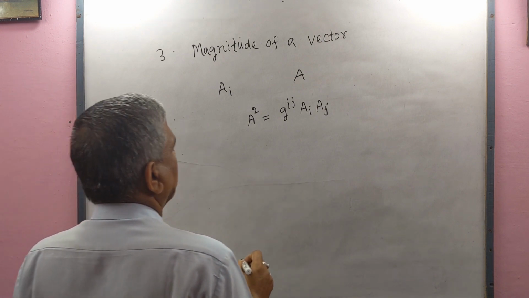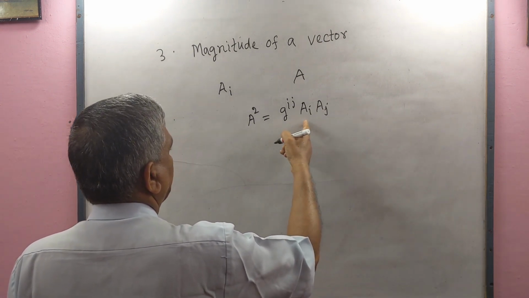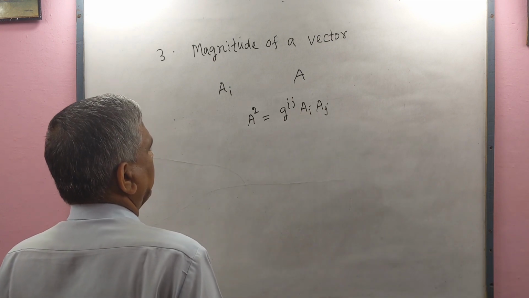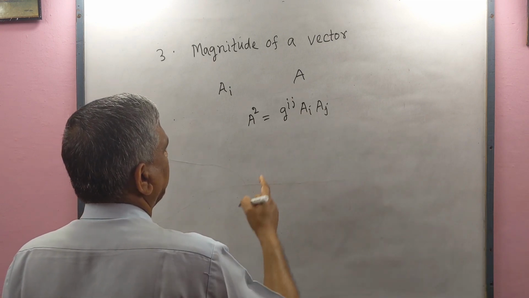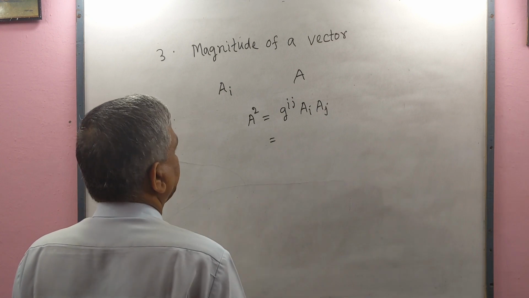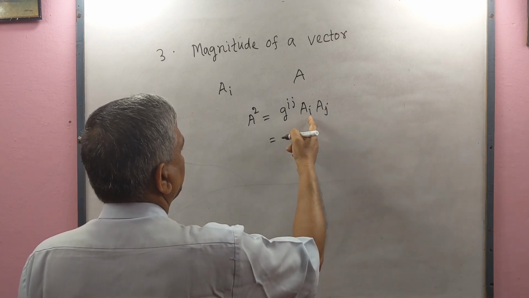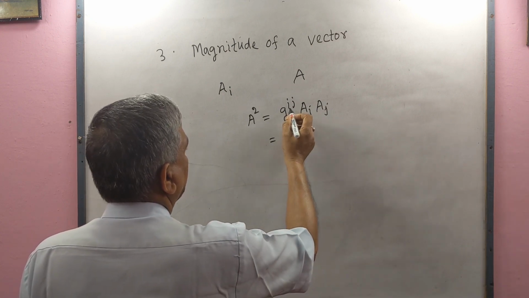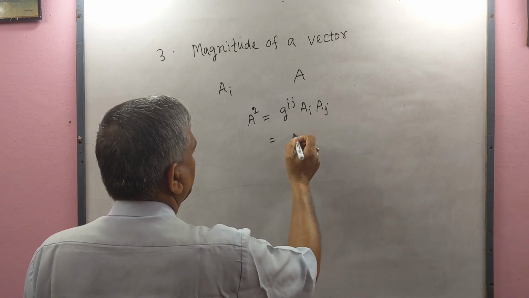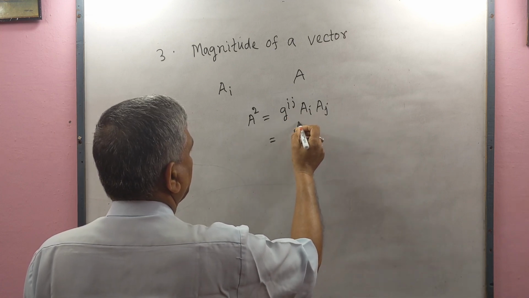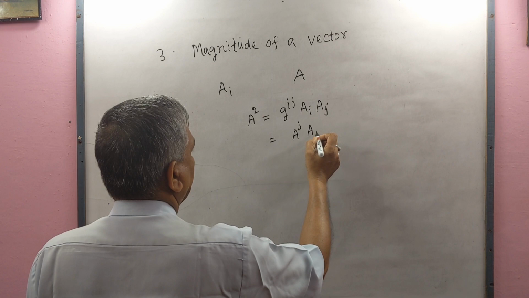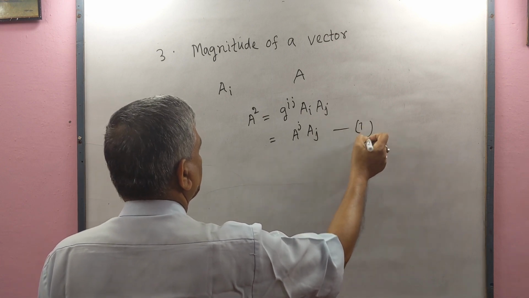Now we calculate this with the knowledge of the associate tensor. This will be, cancelling out, A_j A^j. This is number 1.